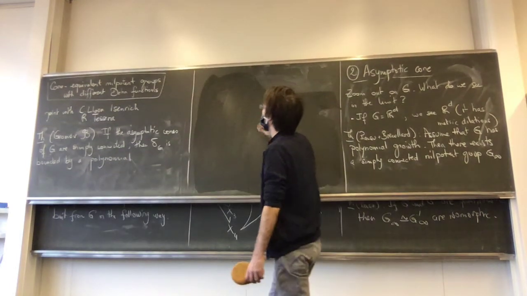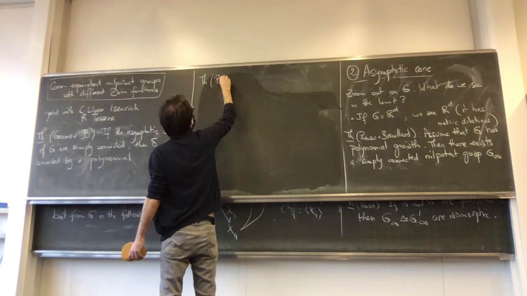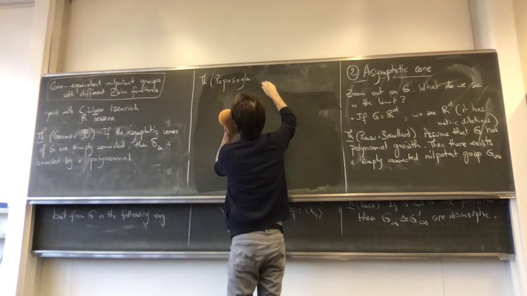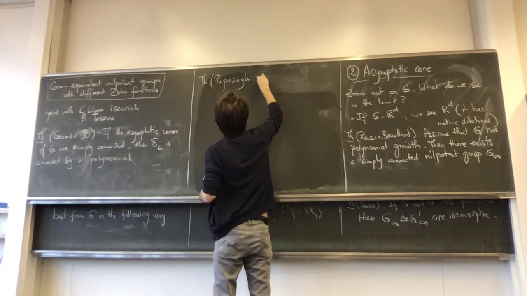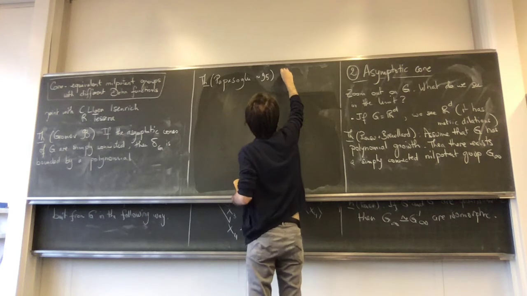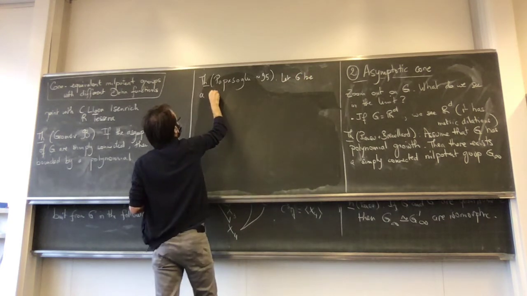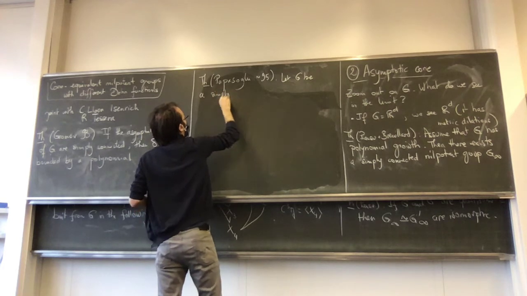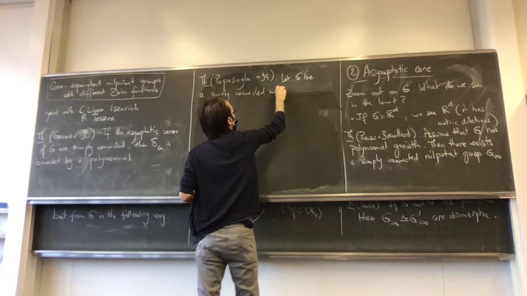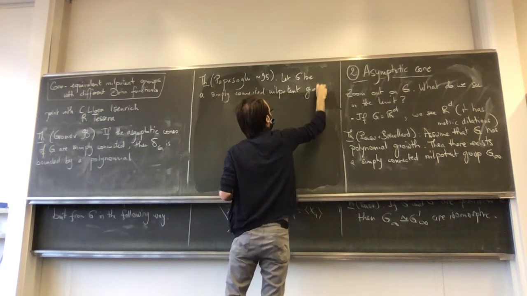Elaborating on this, Pansu took the argument of Gromov, but more carefully. It's around '95, I don't know exactly. Let G be a simply connected nilpotent group.